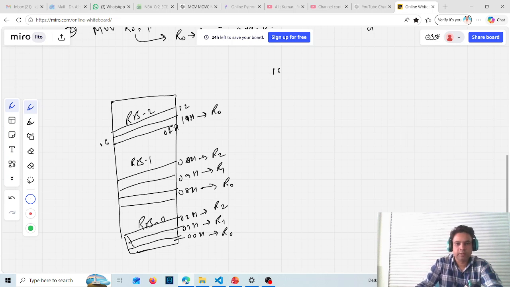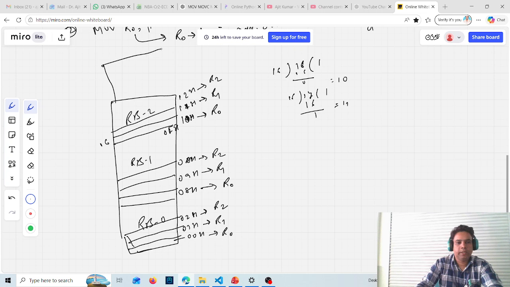In hexadecimal, 16 divided by 16 gives 1 0, so 10 was correct. Then 11H, that is 17, is assigned to R1. Then 12H is assigned to R2. This is again applicable for the next register bank, register bank 3. Whatever is the starting address, that is assigned to R0, and so on.